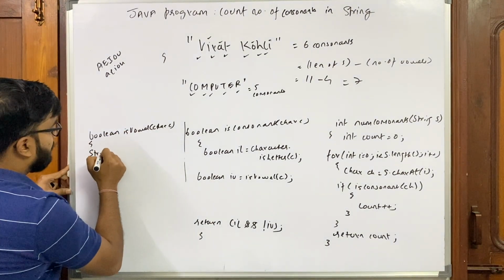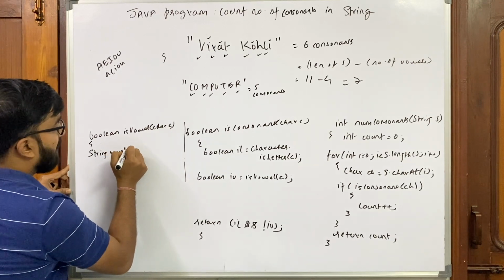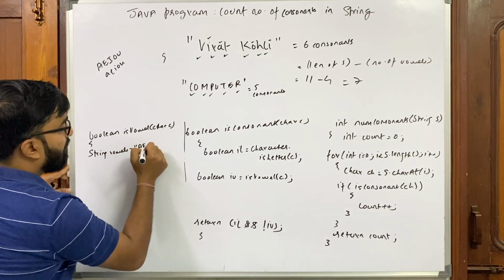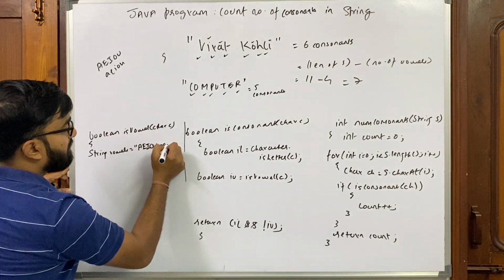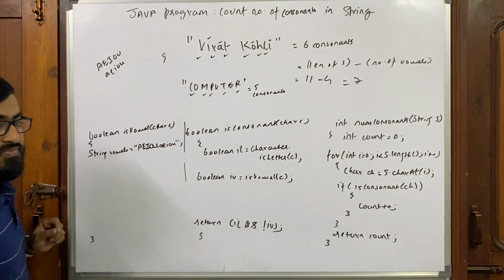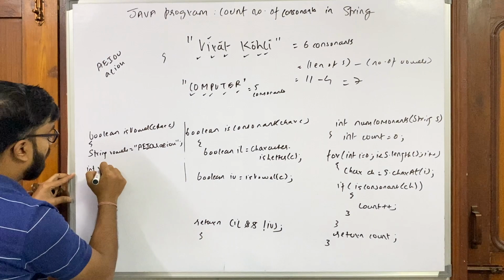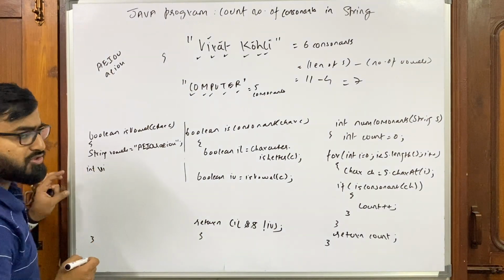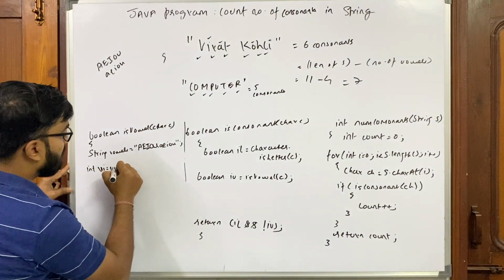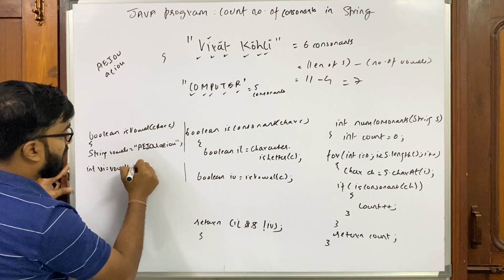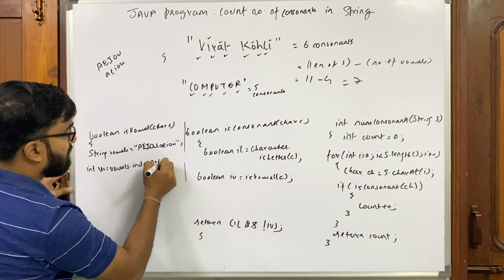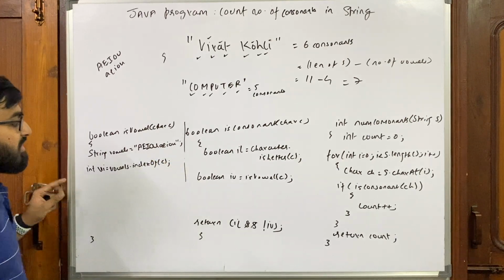I'm going to say String vowels, and this string will contain all my vowels, a, e, i, o, u, A, E, I, O, U. I will say int vowelIndex, VI, short for vowel index, is equal to vowels dot indexOf, and it takes this character C.